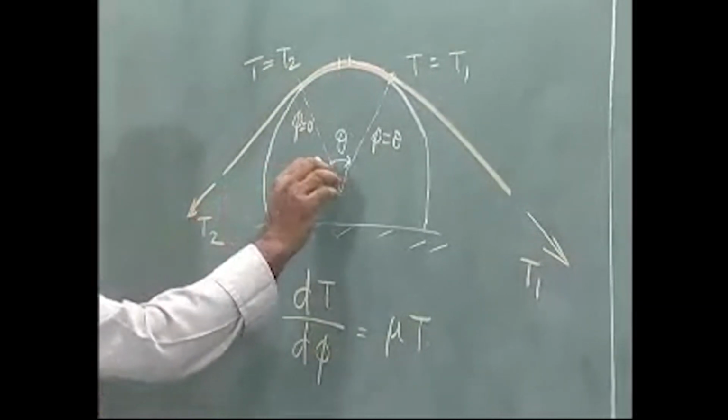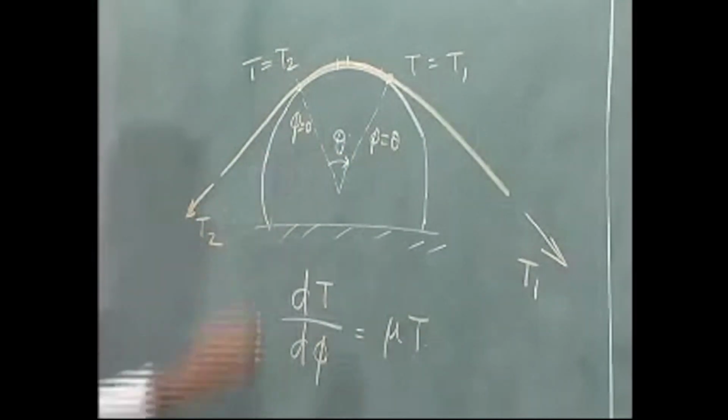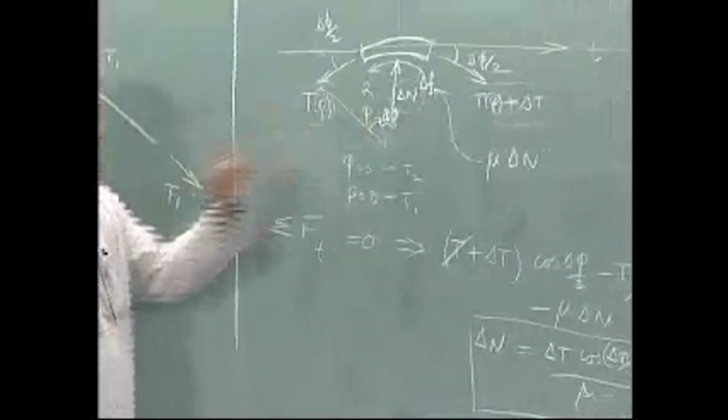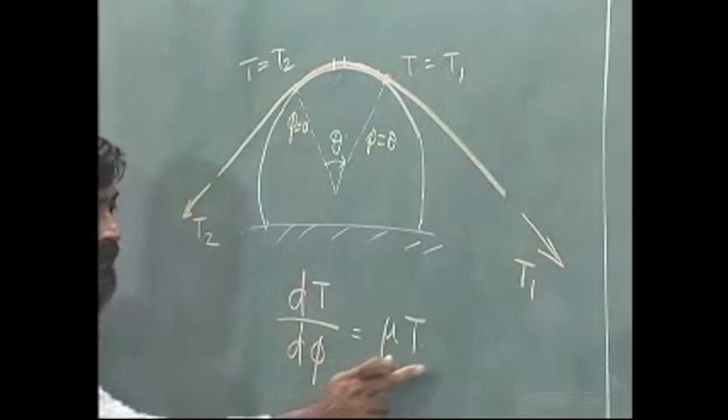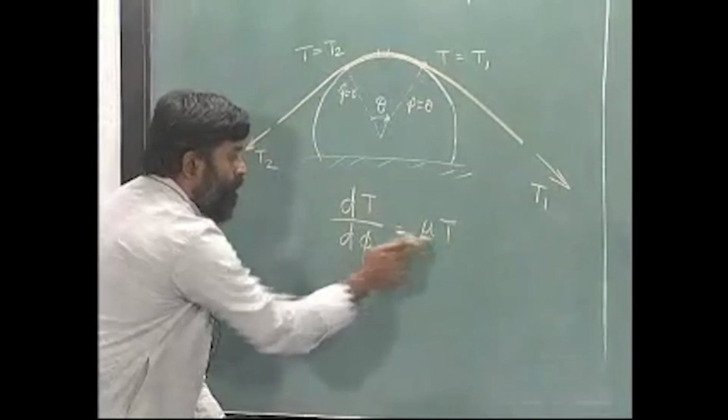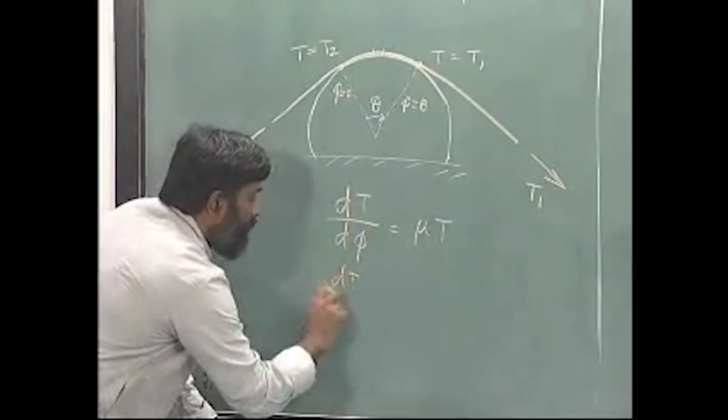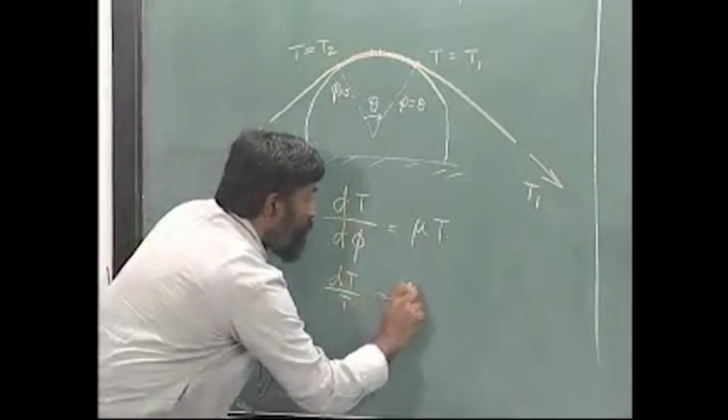We have started from here and we are going to this, as you can see over here. I can take dφ over here, get T over here, so that I get dT/T equals μ times dφ.